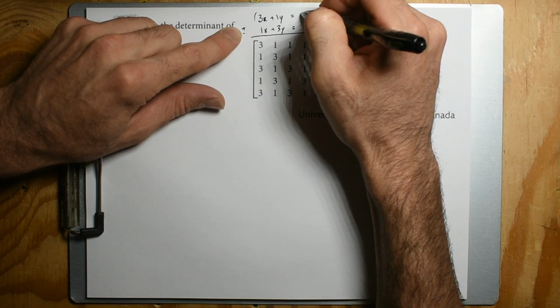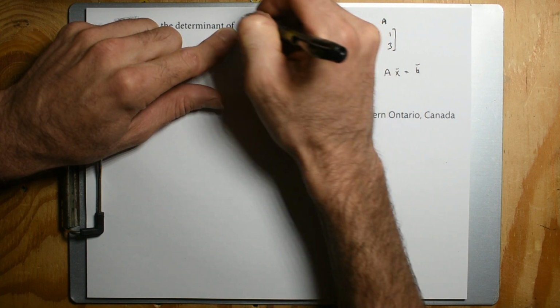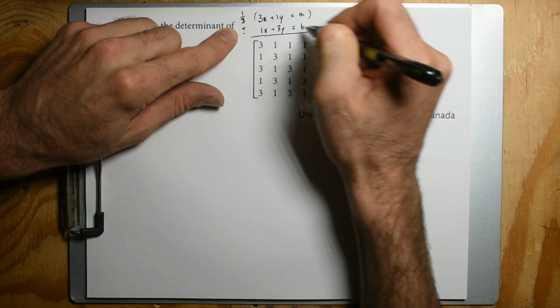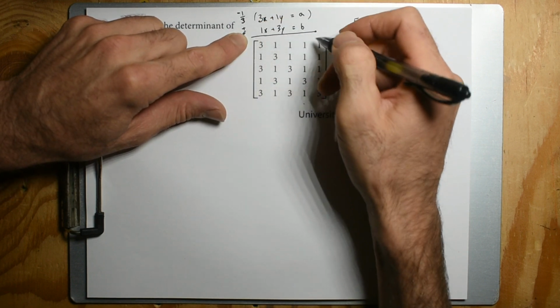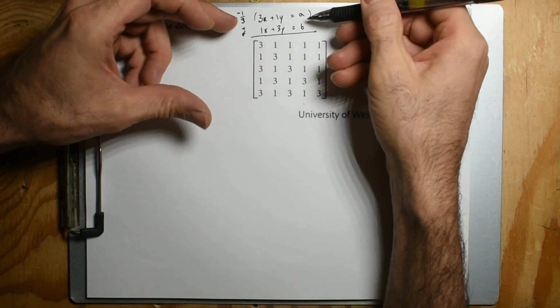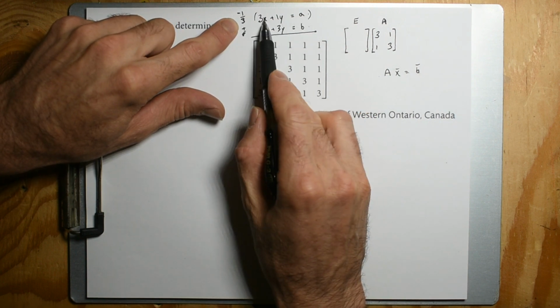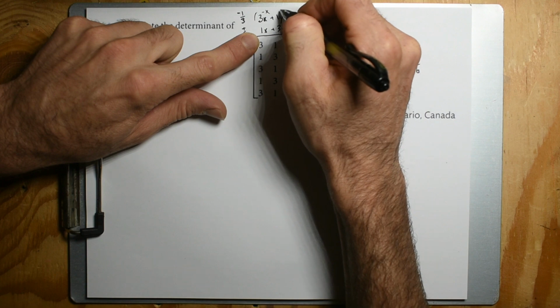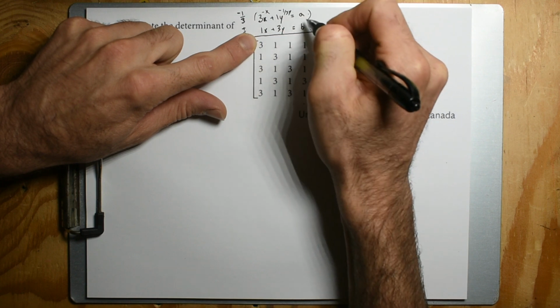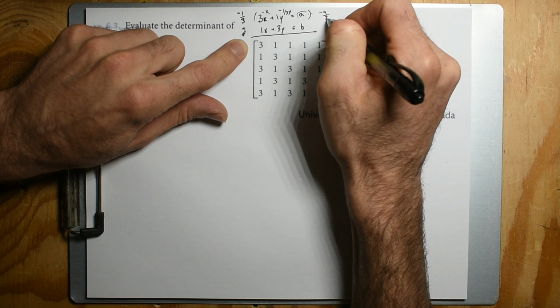Let's say there was an a and b over here. I can multiply this whole top equation by negative a third, because I like to add. I'm going to add the top to the bottom. So when I multiply negative a third all the way through, this becomes negative x, this becomes negative 1/3 y, and if I had something over here, it would be negative a divided by 3.